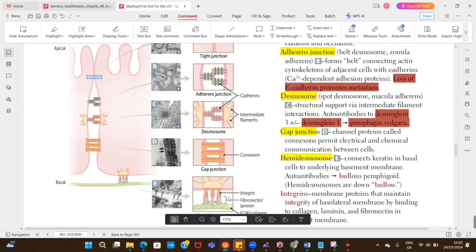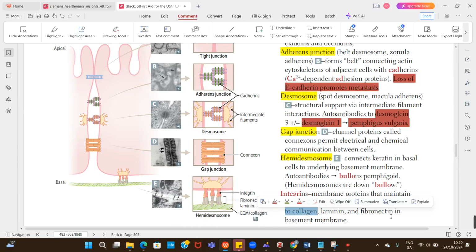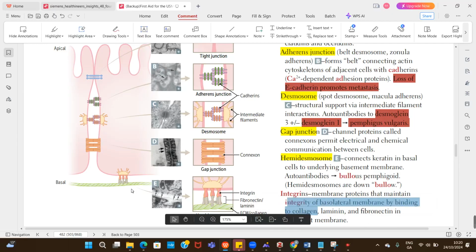And what are the proteins in the basement membrane? Stuff like collagen, laminin, fibronectin. We don't need to cram all these things. It's not going to be tested, but it's good to know. Just academic stuff. In the basement membrane you have your collagen, laminin, fibronectin, and in the epithelial cells you have your keratin. But there needs to be an intermediary that connects your keratin to the laminin, fibronectin or collagen in your basement membrane. And that is when the integrin comes in. So integrin is a modality of attachment between the keratin filament above and your what?